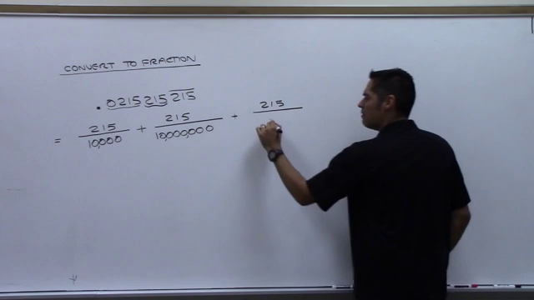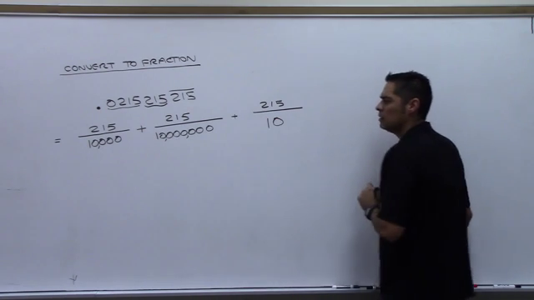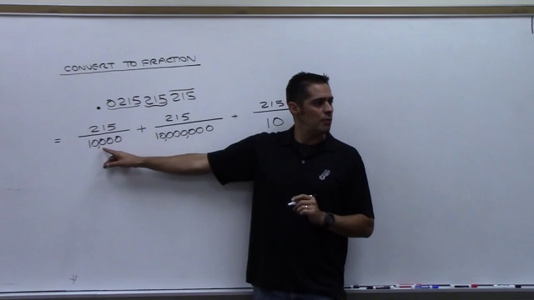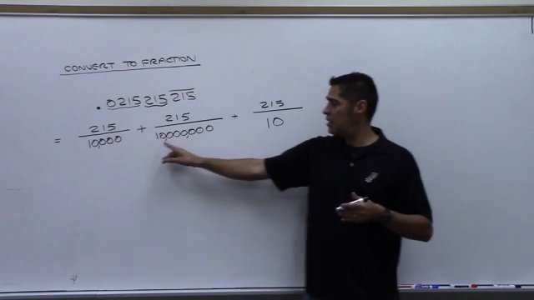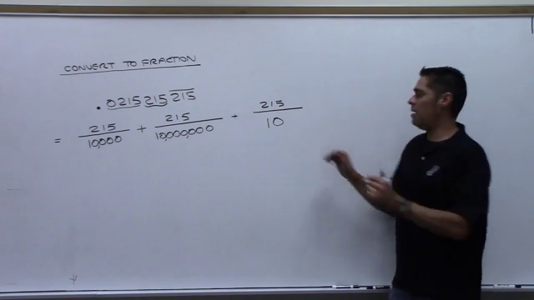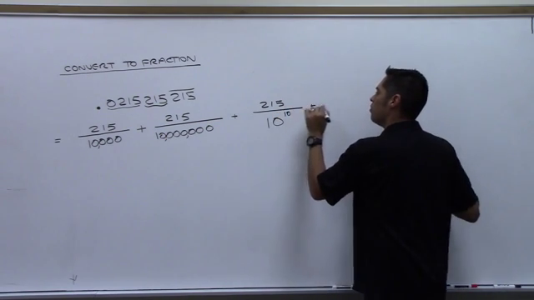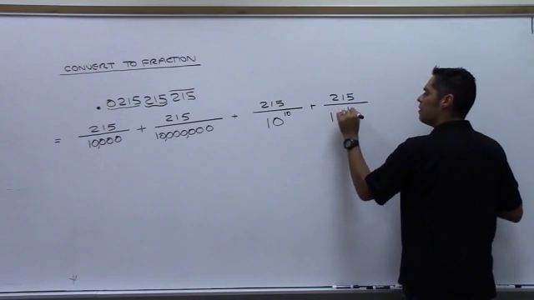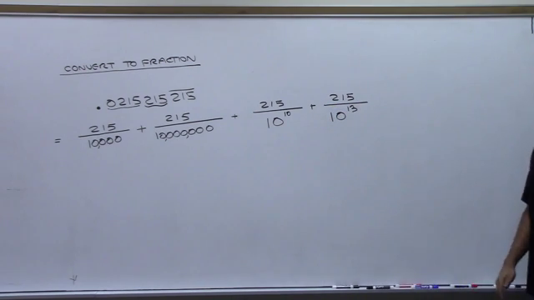Let's just talk about it as 10 to what power? How many zeros did we have here? 4, so that's 10 to the 4th. This is 10 to the 7th. This is 10 to the 10th. The next one will be 215 over 10 to the 13th, and so on and so forth.